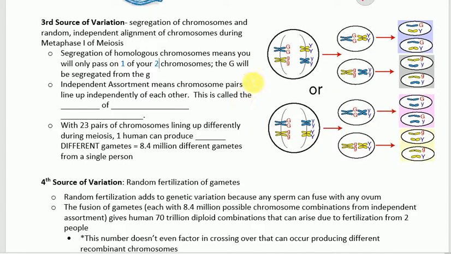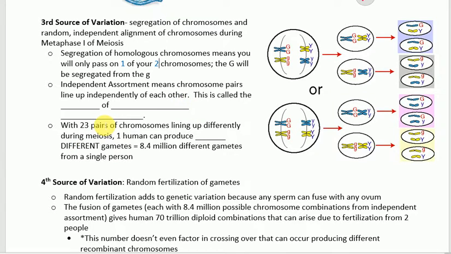So more or less, if you look, the big G is going to be segregated from the little g. So if you look here, we start out with all of these, okay? We're going to divide that up. You've got two big G's here, two little g's there, and you will end up with only one big G or one little g, and you will only pass on one.